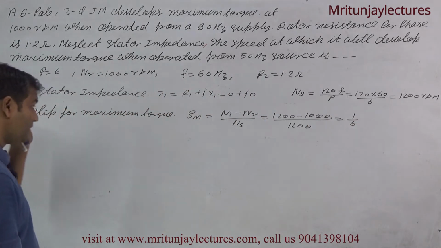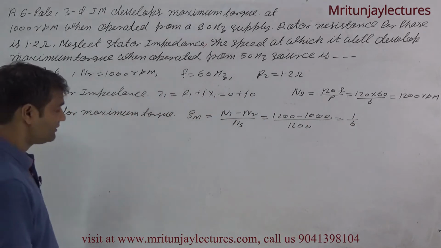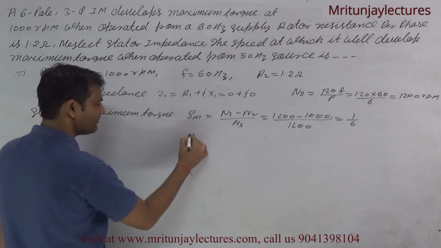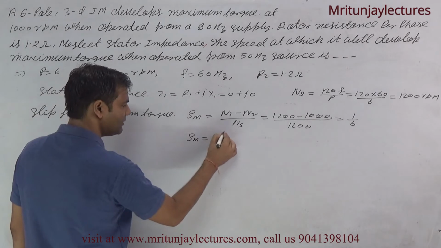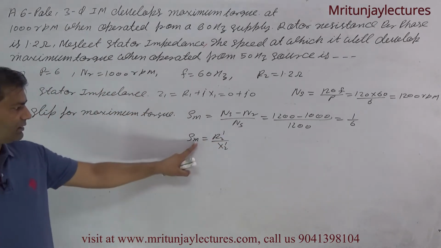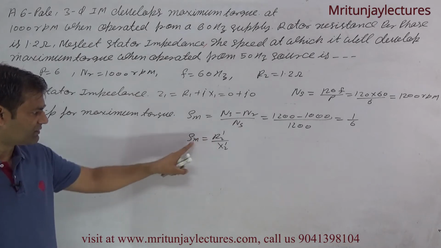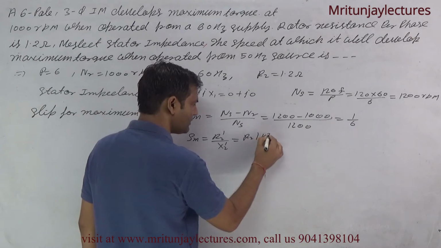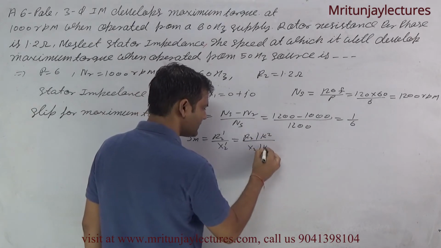If stator impedances are neglected, we have also determined that the relation between R2 dash divided by X2 dash is equal to Sm. This is also written as R2 by K square divided by X2 by K square.